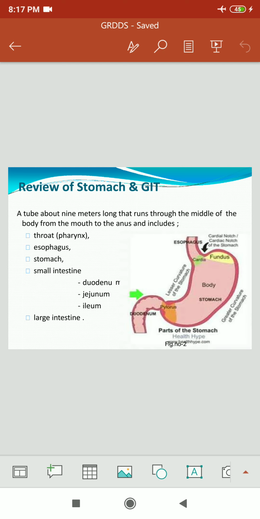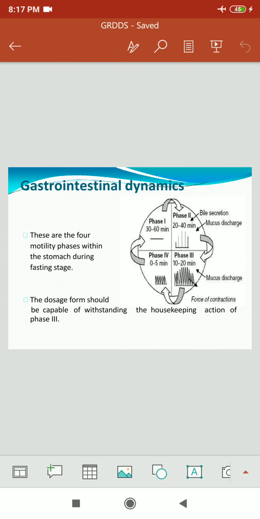Review of GI tract. It is a 9-meter long tube from mouth to anus which contains the throat, esophagus, stomach, small intestine, divided into 3 parts: duodenum, jejunum, ileum, and large intestine. Gastrointestinal dynamics: here the motility phase is present in our stomach when the body is in the fasting stage.